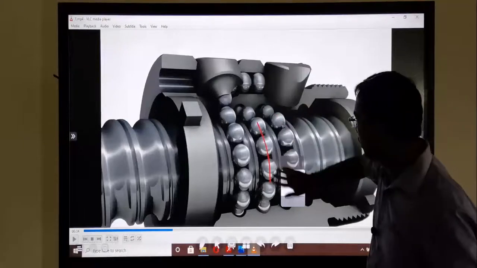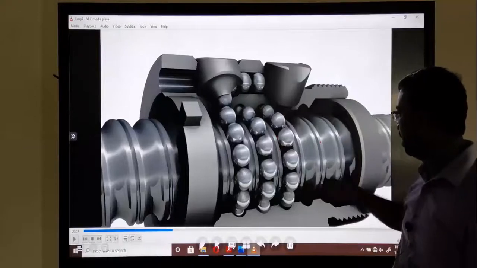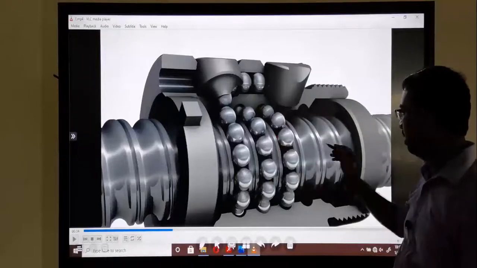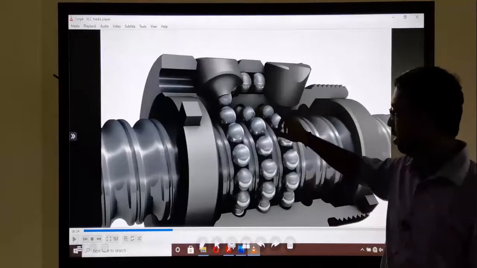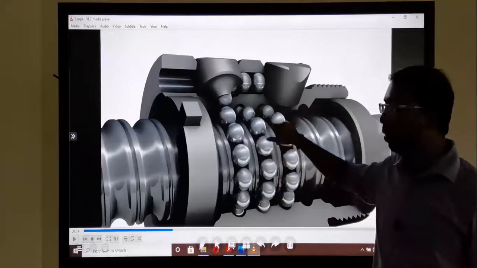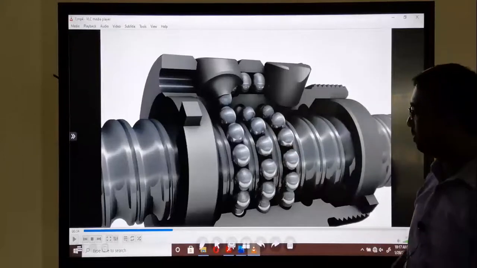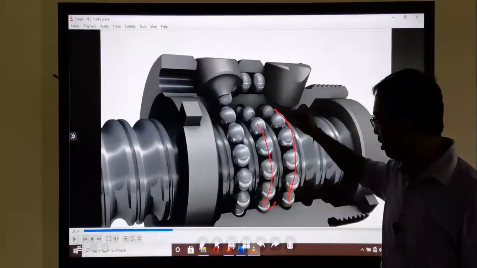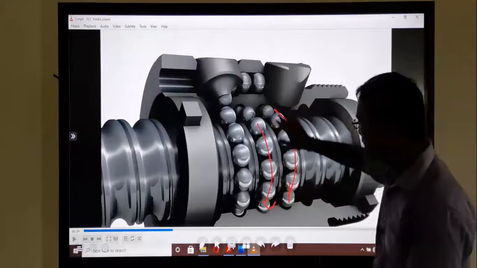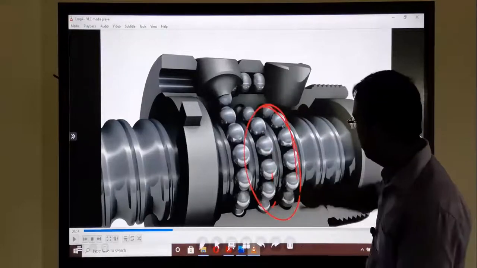You can see here on the worm, this is a ridge and this is the surface. There are two heights of surface. This is the ridge and this is the grooves. So here the balls are filled in the grooves. These balls are rotated like this, in the circumference.